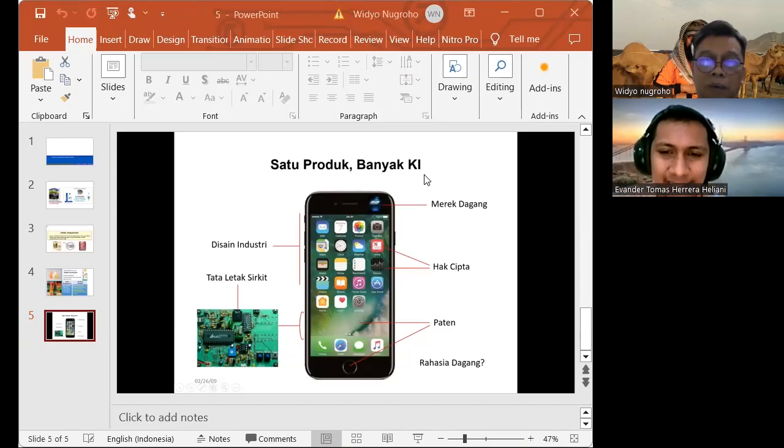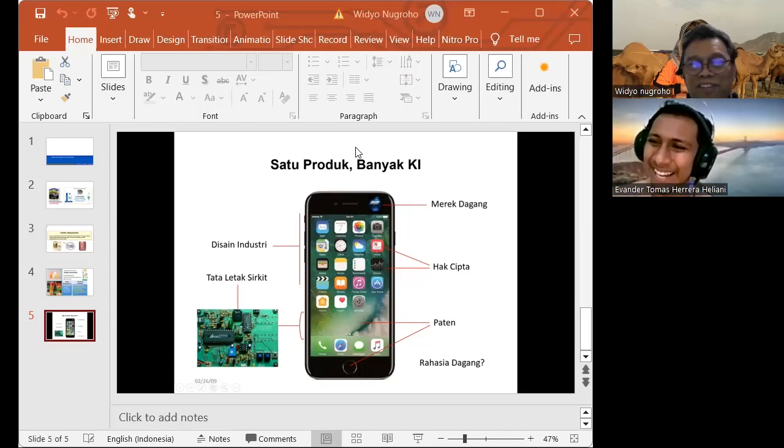There's a trademark, which is the Apple logo. There is copyright, which is the Android program inside it. There are patents, for example, the touch screen, and there may be a trade secret inside it. That is all I can present for Tom.